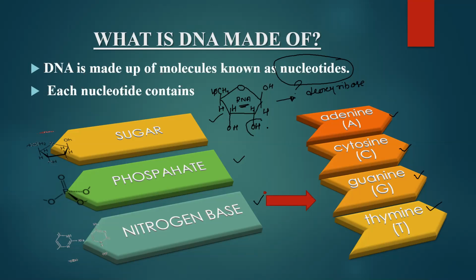So it does not have this. When you remove this, that will be your deoxyribose. So this is the RNA ribose, which has two hydroxyl groups. But once you remove one hydroxyl group, then this will be your deoxyribose.